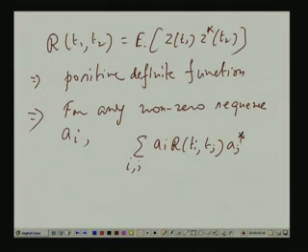This number is real and it is greater than or equal to 0. In fact, it is called a non-negative definite function. If it is strictly greater than 0, I would call it positive definite.